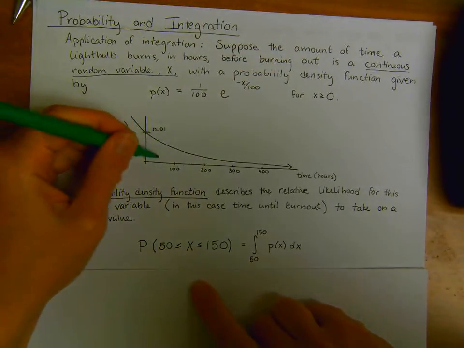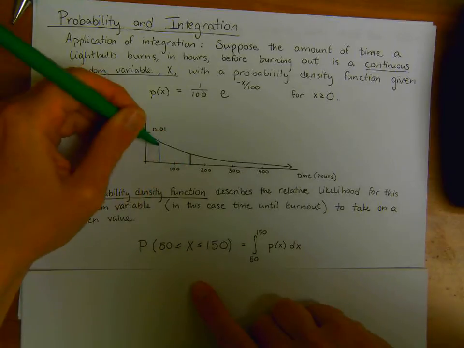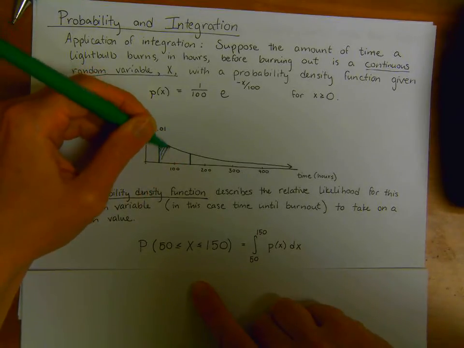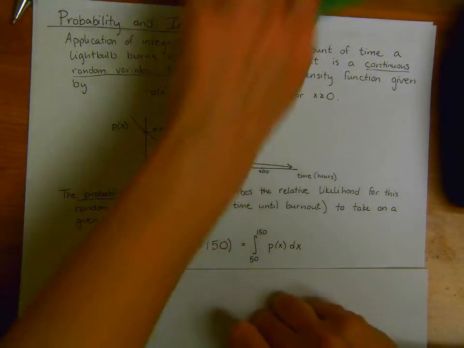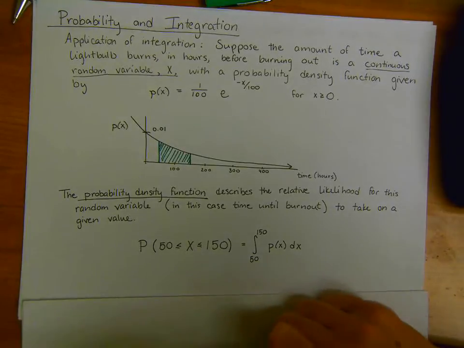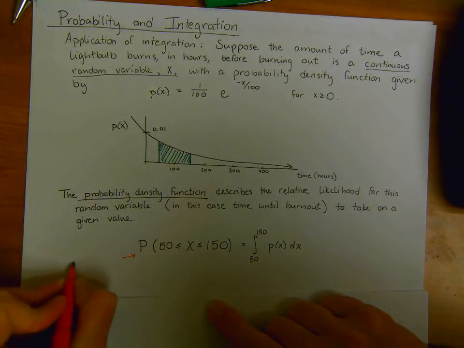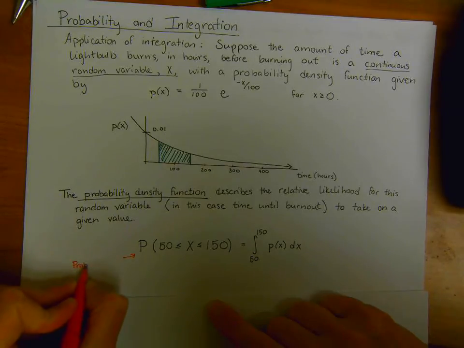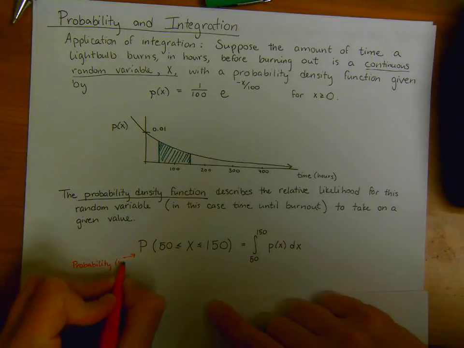Let's break down what that means. This is a lot of notation for a really simple idea. Here on these first set of inequalities, this capital P stands for probability, which is how likely something will happen.